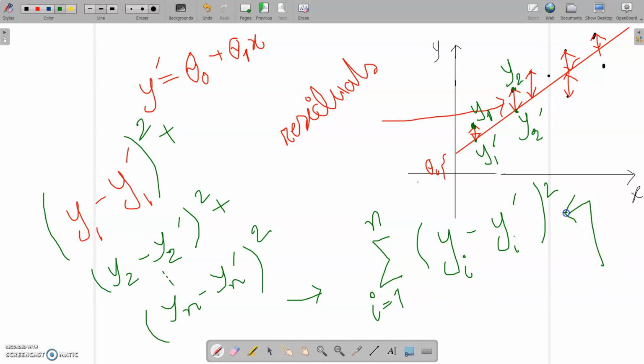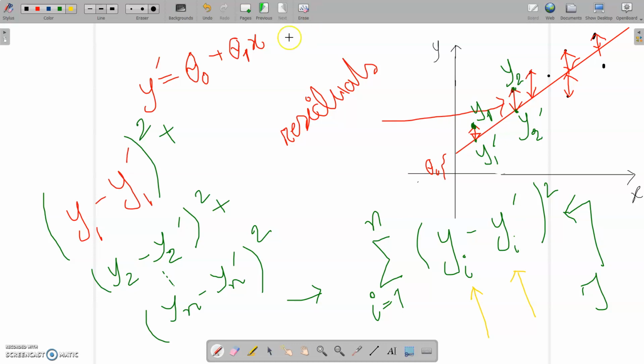Let's name it J. So this is your least square regression function. This was your original value, and this was the prediction. You take the difference between these two and square it, then sum all together for all the points. What is the total error you have? So we are actually calculating the total error.